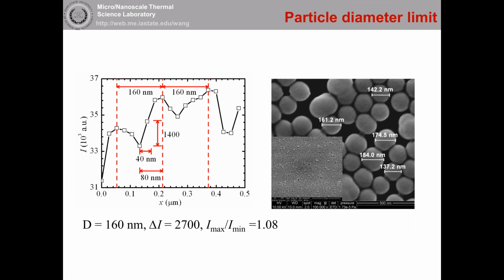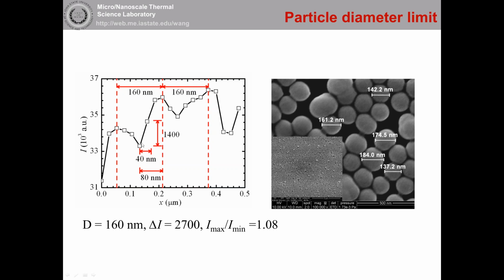We used many particles, and we asked ourselves whether we can tell the size of the particle using Raman spectroscopy scanning, and what the limit is. We tried 800 nanometer particles and 400 nanometer particles. All of them were good. The smallest one we tried, according to the company, is 160 nanometers.